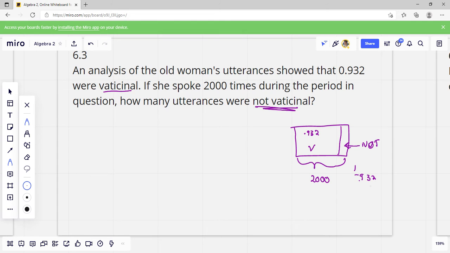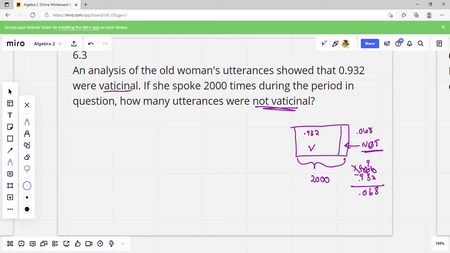And it would be 68, I think. So we just subtract, 9 minus 3 is 6, 8. Yep. 0.068 is going to be right here. So that's 0.068. So that means 0.068 is the not.